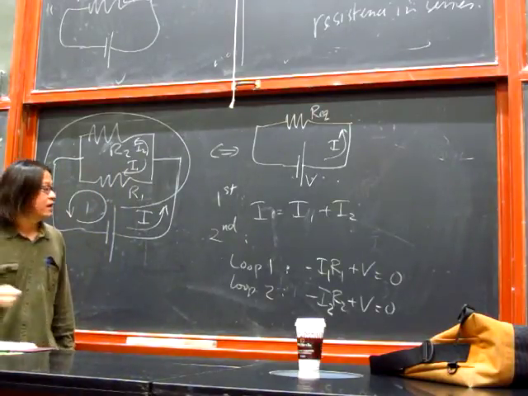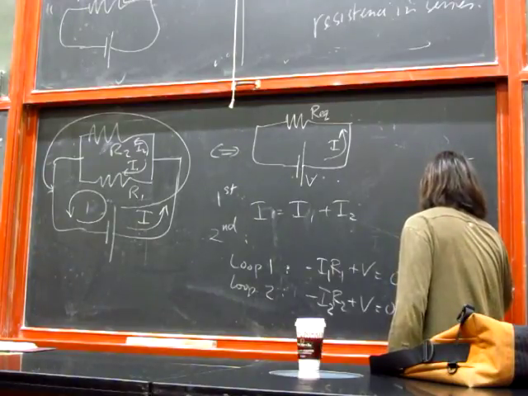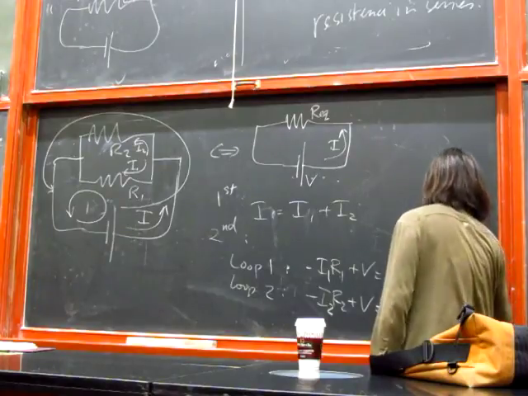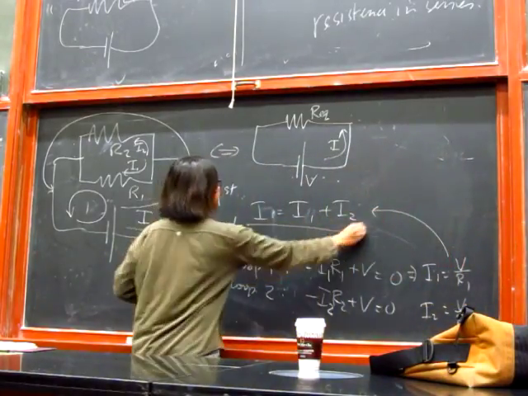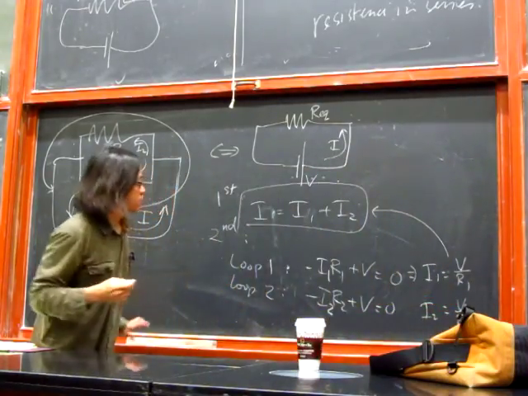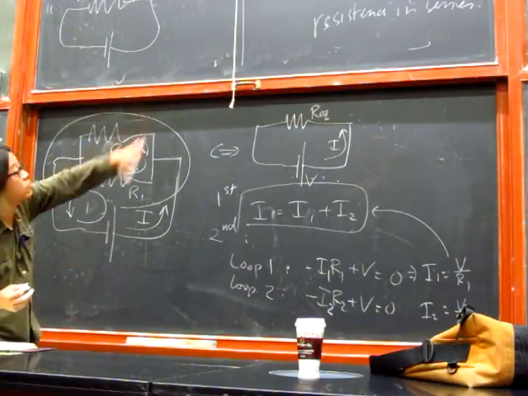Okay. So here I1 is equal to V over R1, I2 is equal to V over R2, okay? And you substitute this into this equation, right? I'm doing it a bit more pedantically, just following the two concepts.